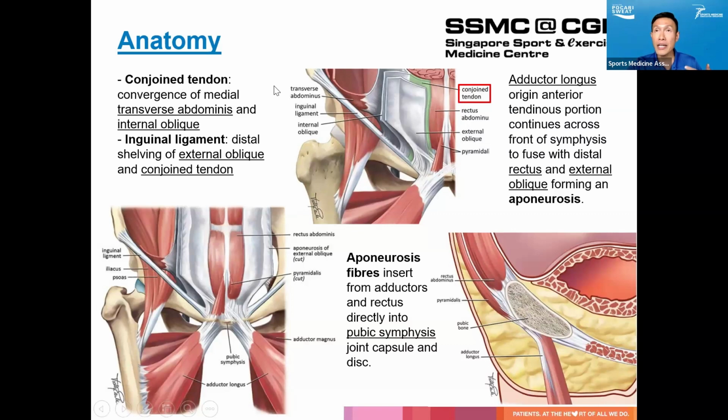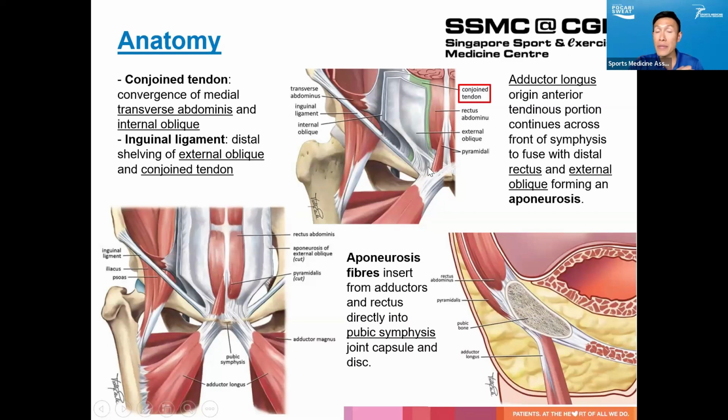The deeper 2 layers, the transverse abdominis and the internal obliques, actually converge, here highlighted in green, to form this conjoint tendon over here at the back. As it goes down, it forms the inguinal ligament as it combines with the most superficial layer, the external oblique. So the external oblique plus the conjoint tendon combine to form the inguinal ligament.